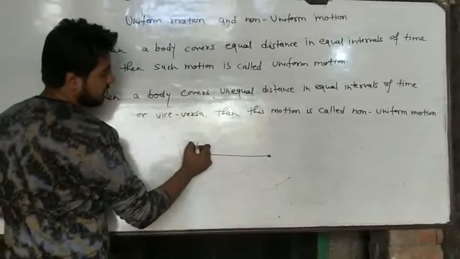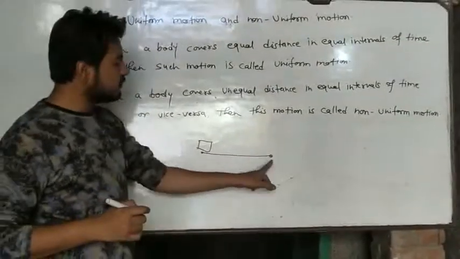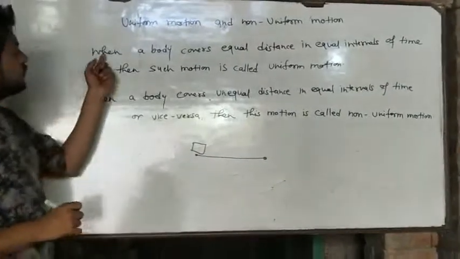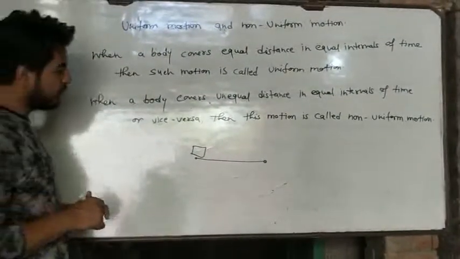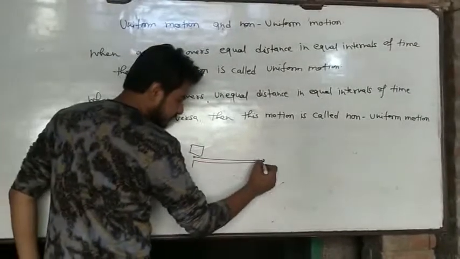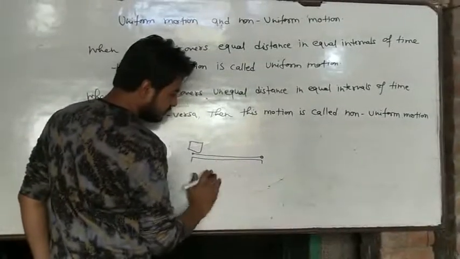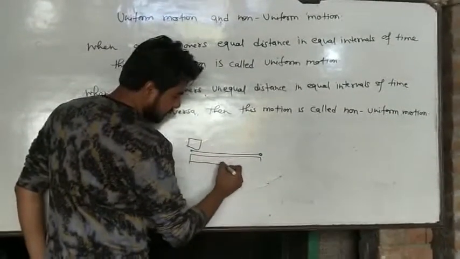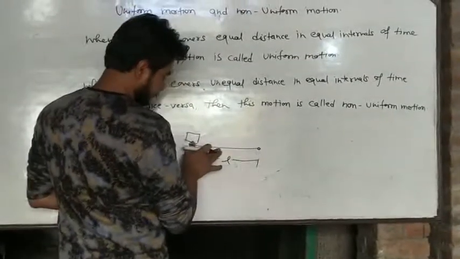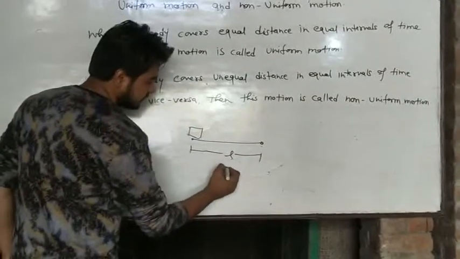If one object moves from one position to a final position, that is called motion. In uniform motion, the gap between the two points, suppose this is length L, and the time difference is T.